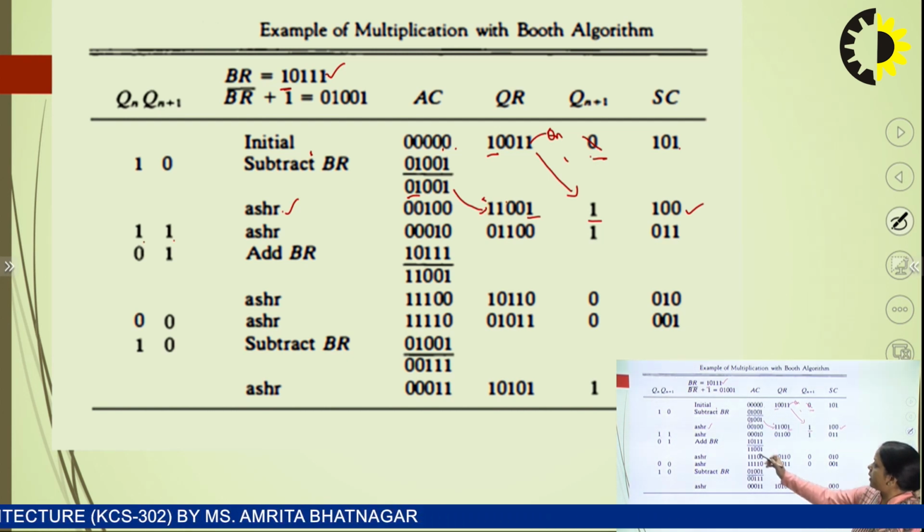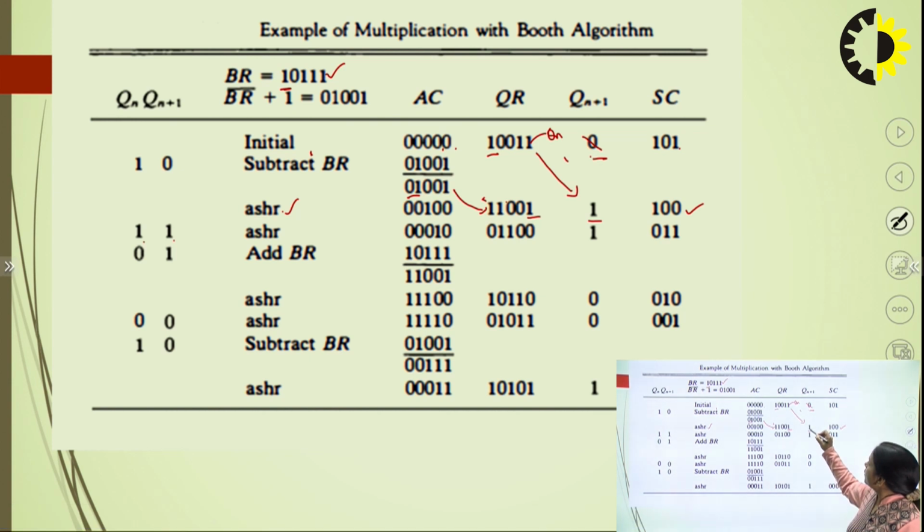After the arithmetic shift right, this 1 will be lost, this 1 will come here, 0, 0, 1, 1, and 0 will come here, then 1, 0, 0, and again 0 will be copied here, because the most significant bit was 0. So that is why we have taken 0 here. Okay. Now, the next step will be to decrease the sequence counter. Now, the value of sequence counter is 3. Now, I have completed one step also.